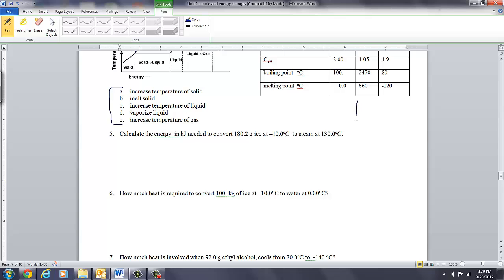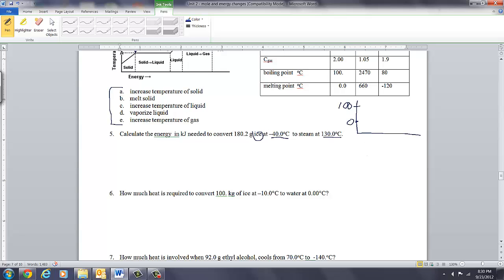So what I do is I draw myself a little picture to see how many stages I have to do. So when I'm reading this, I'm starting at -40 and I want to go to 130, and if I have ice and steam, I'm looking at water. Well, I know water melts at 0, boils at 100. Now obviously it's not going to be to scale. I'm just doing this so I know where I'm starting.